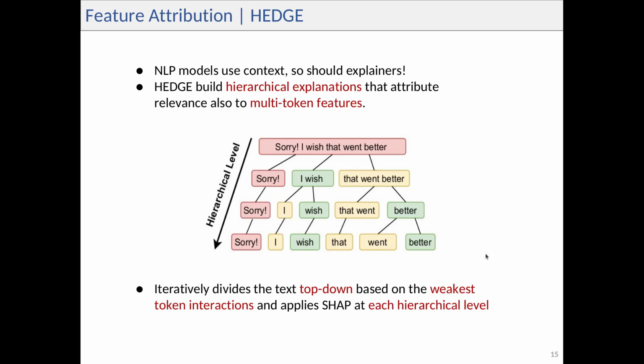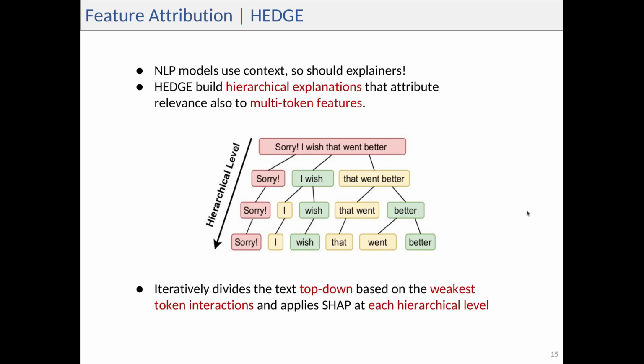You can pretty much imagine it as starting from the entire sentence, and as we go down the hierarchy, the sentence gets broken up into subtokens, and Shapley values are calculated for each layer. So there's one Shapley value for the entire sentence, and then for the various sentence components, and it keeps getting broken down until you reach the word level.